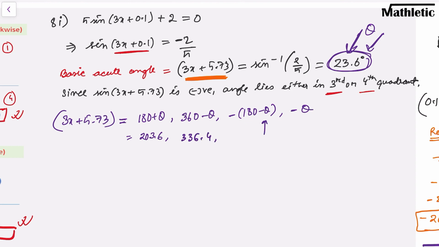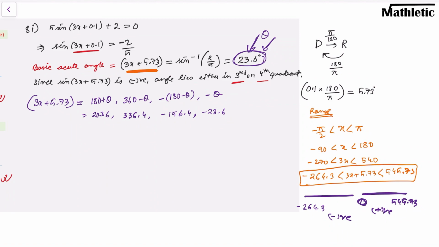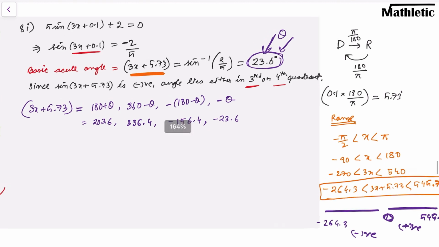Next, when you substitute it here, you will get minus 156.4 and minus 23.6. Okay, so next you need to cross check whether all these are within the range. Since all these four values are within the range, I do not need to discard any of it. Plus, we even do not need to rotate, because if you rotate with this plus 360 or something, it goes out of the range, right? So these are the four angles.